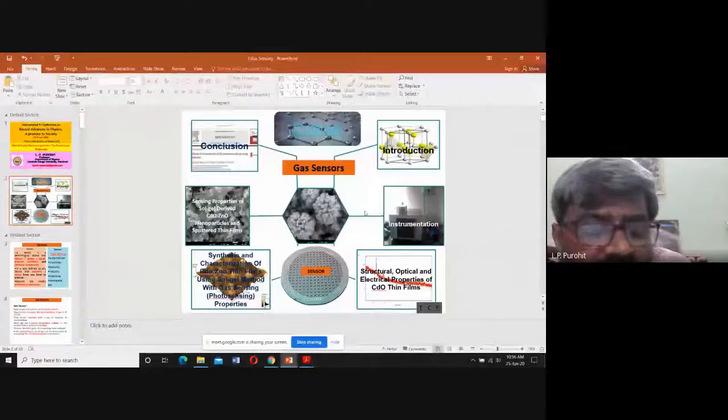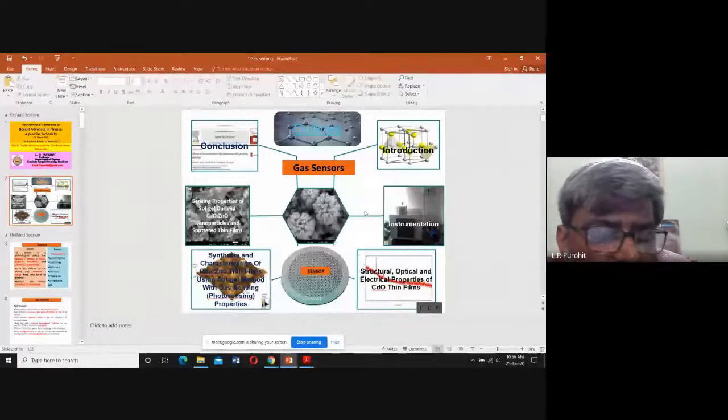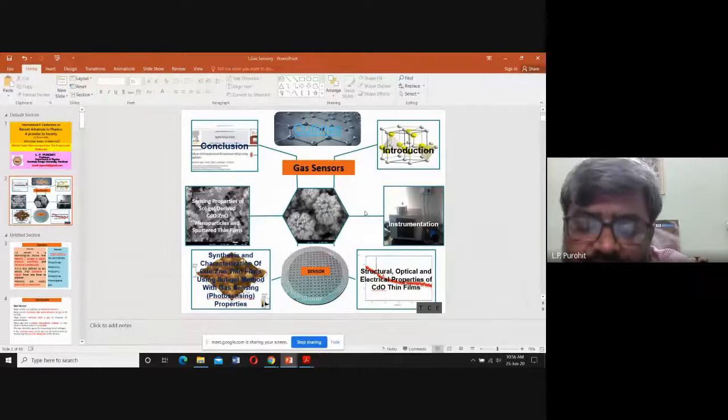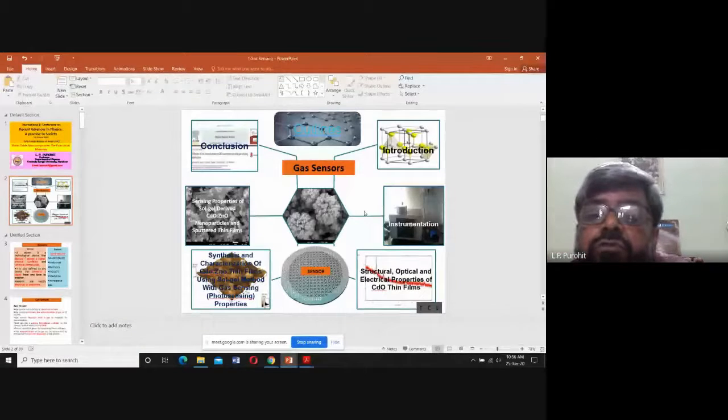So we are interested in metal oxide nanocomposites for their functional applications, and I have selected two applications. One is gas sensing, and the other is photocatalysis. These are the important issues.